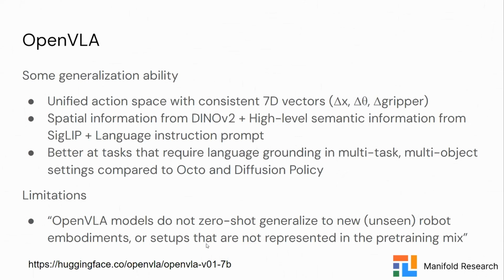They also mentioned that OpenVLA has trouble with zero-shot generalization to unseen robot embodiments, which requires more research and experiments to see the limits of OpenVLA's generalization on that front.